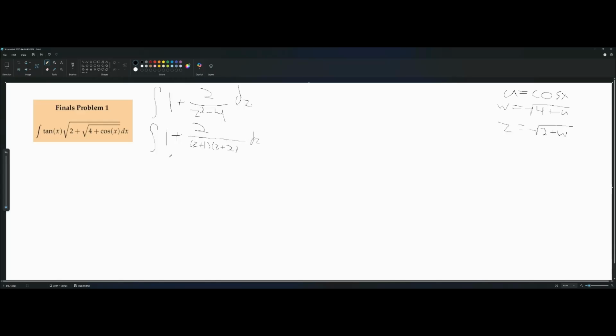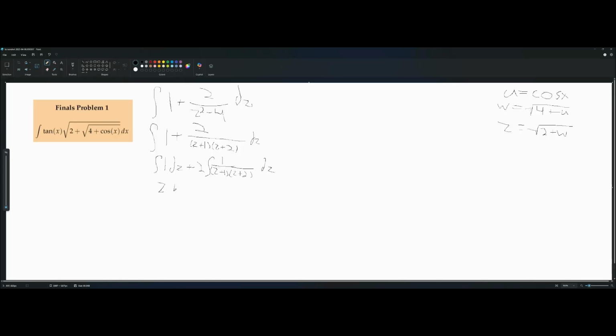Let's split this up into two integrals to make this easy. And let's take out this 2 once we split it up. Okay. And well, this should just evaluate to z.